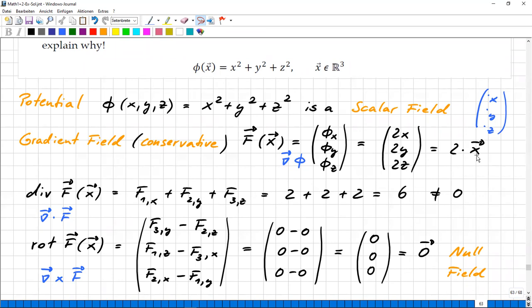But in this imagination, it's like a field where some fluid or gas streams from A to B. This is just an analogy. You don't have to take it word by word. So, in the end, this means that the divergence is not 0.